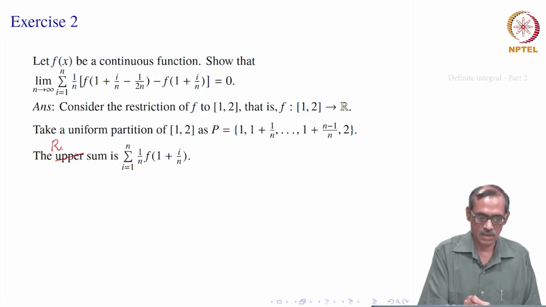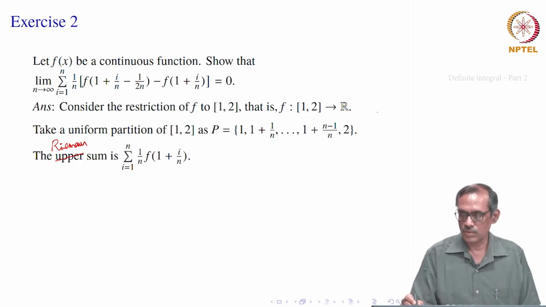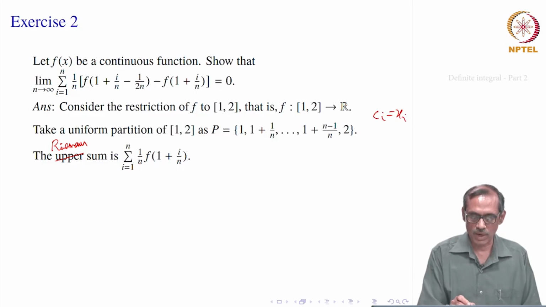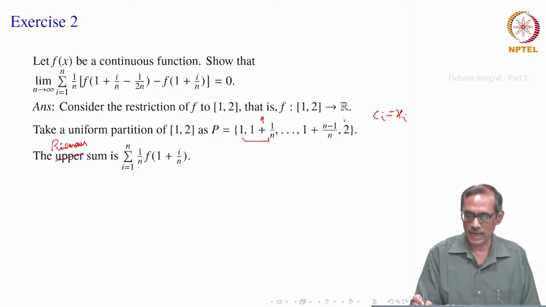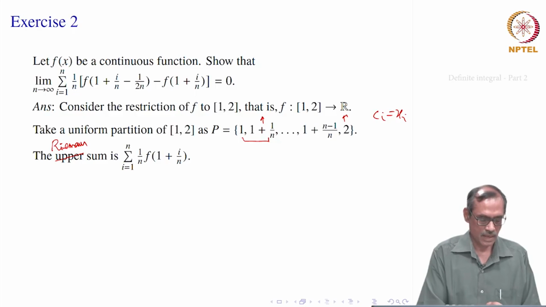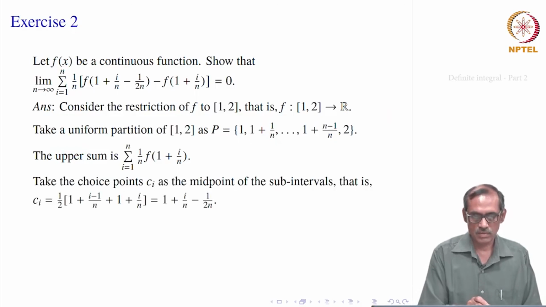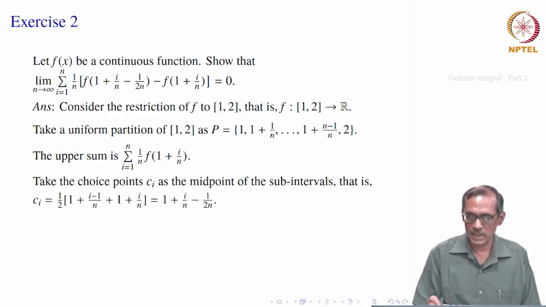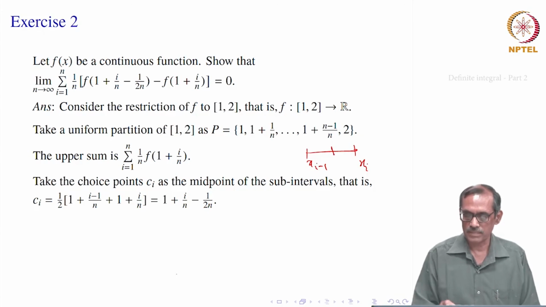So, consider the Riemann sum where we choose c_i equal to x_i, the right end point. That is equal to the summation of 1 by n times f of 1 plus i by n, i from 1 to n. Here it is the right end point we are choosing, so all the right end points we have chosen. Now, take the choice point c_i as the midpoint of the subinterval x_{i-1} to x_i.